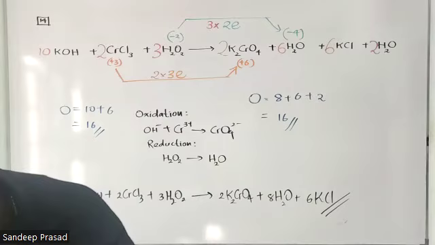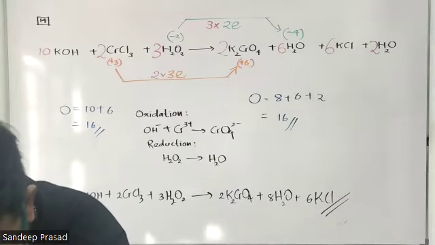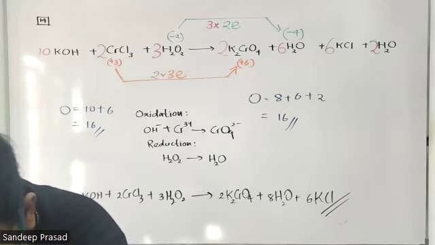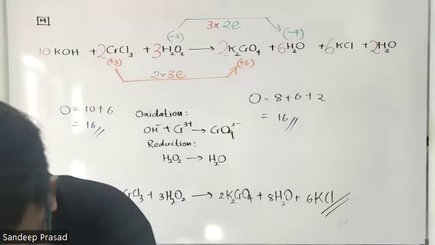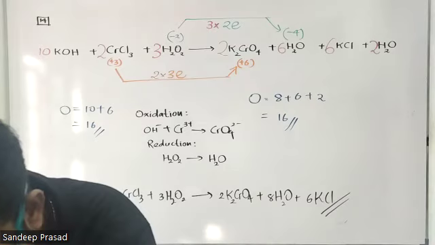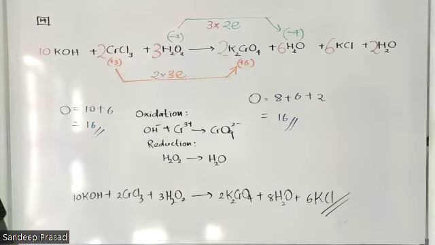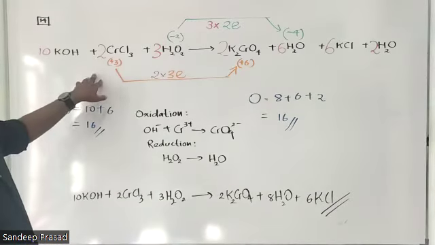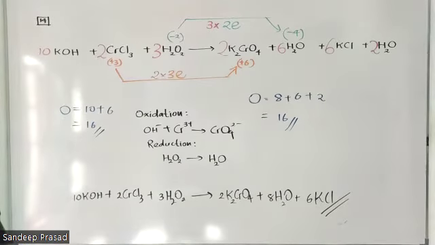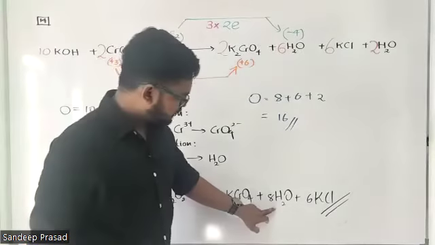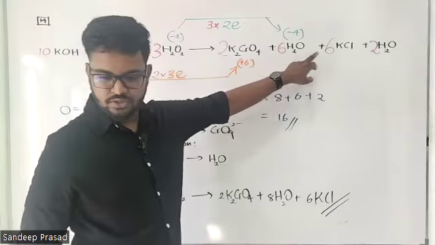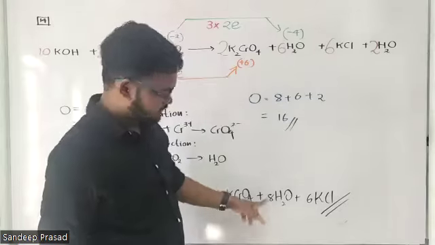Please raise your hand if you got the answer correctly. Okay, yes, some of the students are there. This is okay, right? Eight water molecules, because there are 6 water molecules and 2 water molecules, add them together, then put here 8H2O.